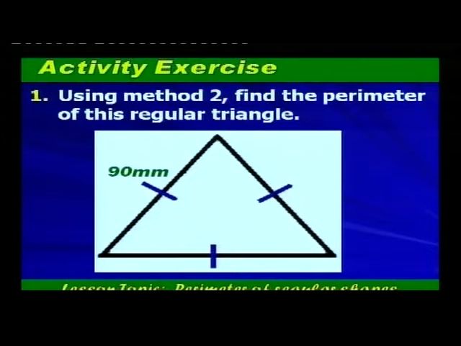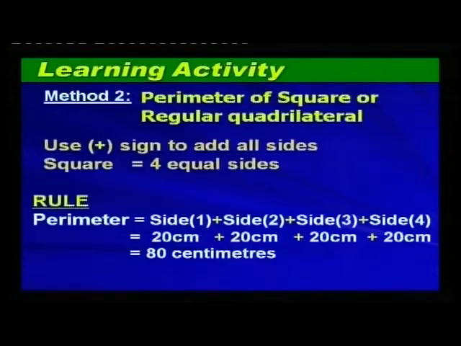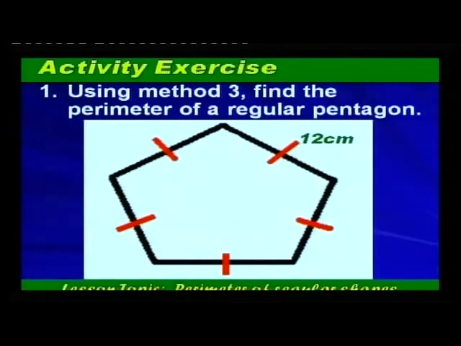Now, receiving teacher, please. We have gone through 2 methods in working out the perimeter of regular shapes. So in the first exercise, I'd like you to guide your students with method number 2 to work out the answer, as well as exercise 2 on method number 3 to work out the perimeter of the regular pentagon. Okay, you can start. I'll give you only 5 minutes to do your exercise.